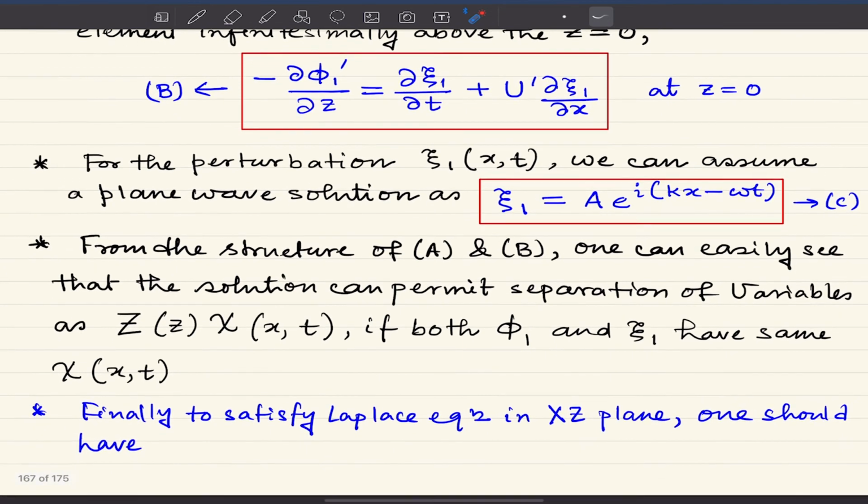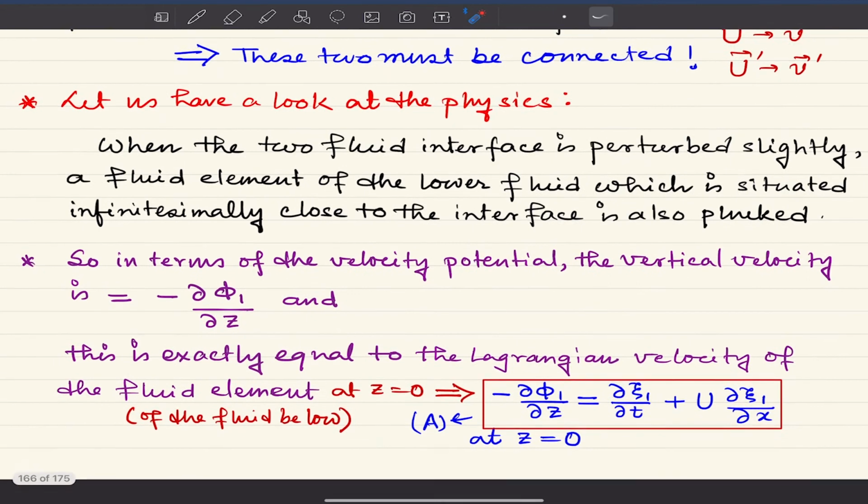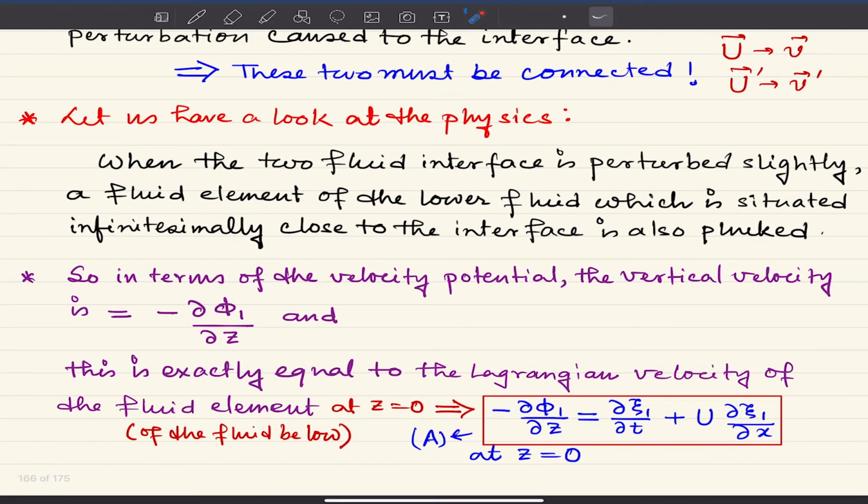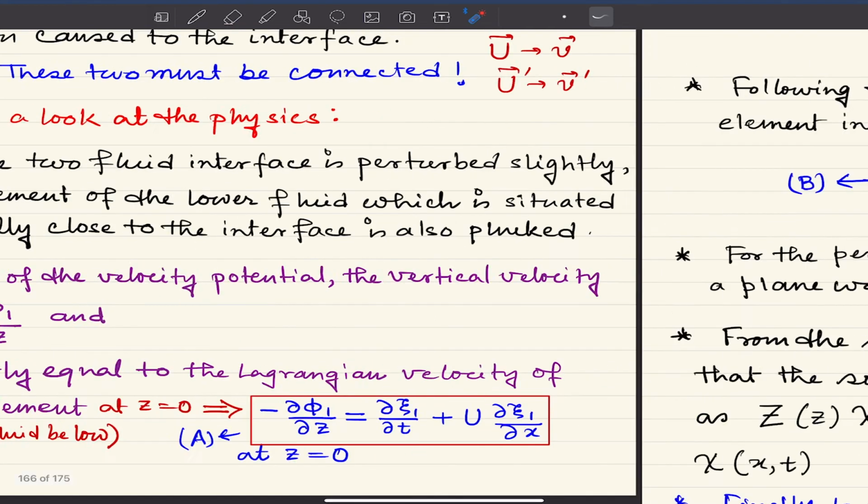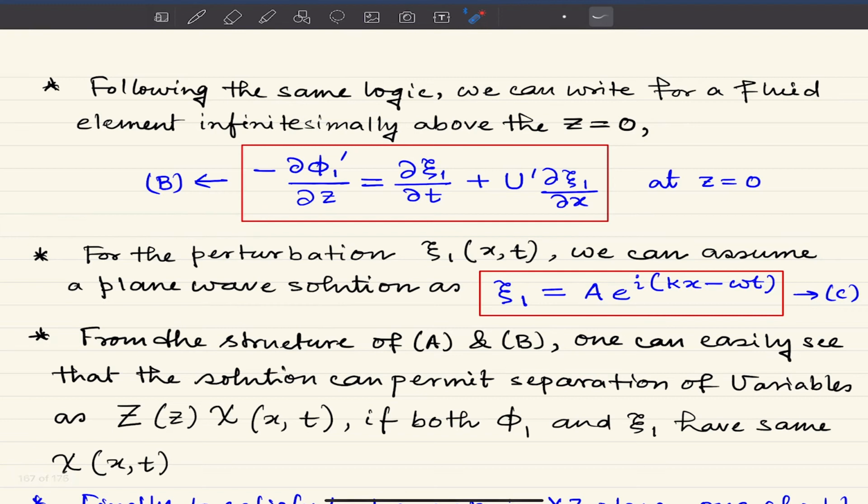Now from the structure of A and B, that is something we have to go a bit slower. This is the part A, and this is the part for B. One can see that the solutions can permit separation of variables, in the form of some function of small z times a function chi which is a function of x and t.